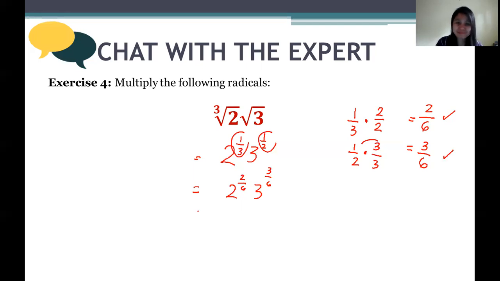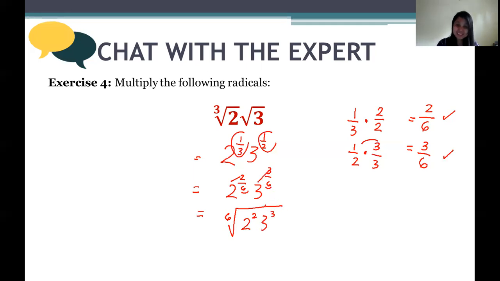Next, since we now have the same denominator, we can rewrite it into a radical form. So 6 will be the new index. 2 squared, this one, and 3 cubed, this one.